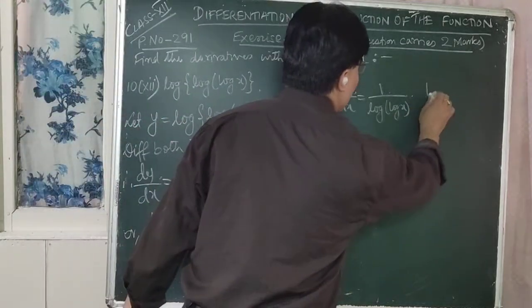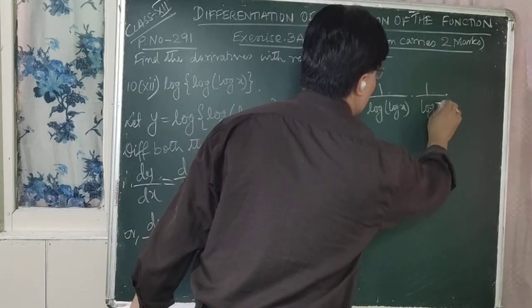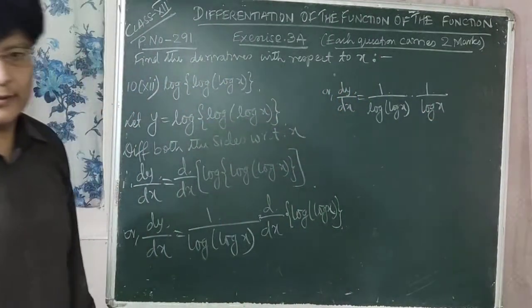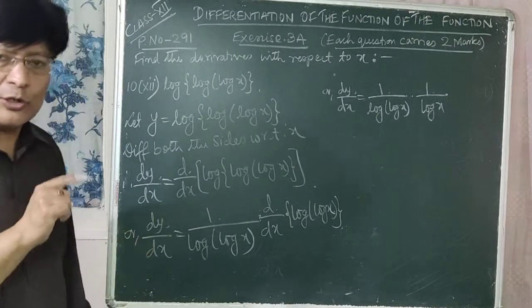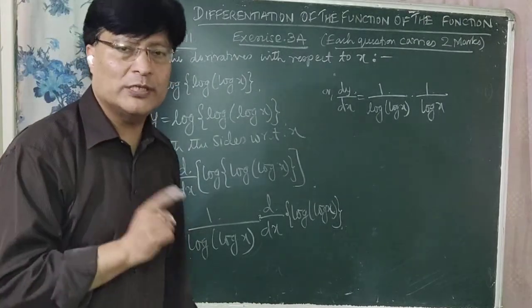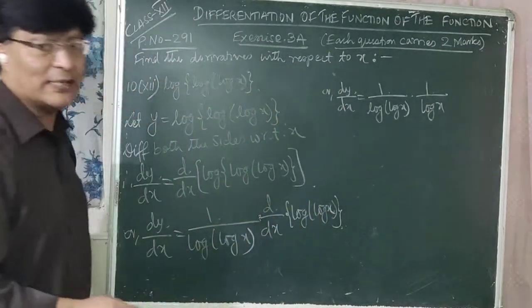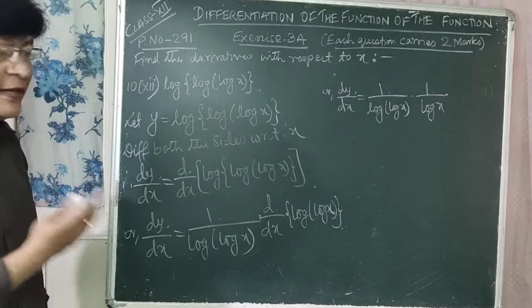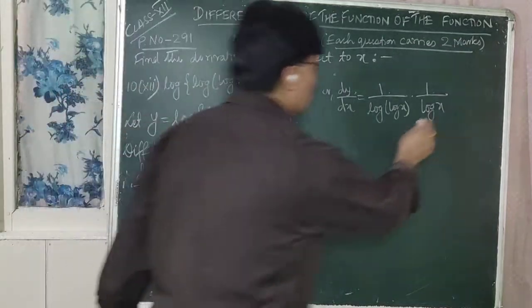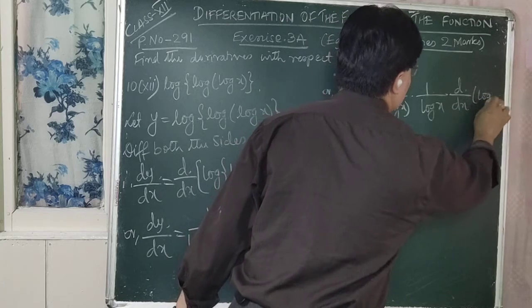So, into 1 by, what is x out here? It is log x. Now, log x is taken as x. So this log x is also to be differentiated. Now you have to differentiate the term which is assumed as x. So in this case log x is assumed as x. I am being very careful, so differentiate into d by dx of log x.